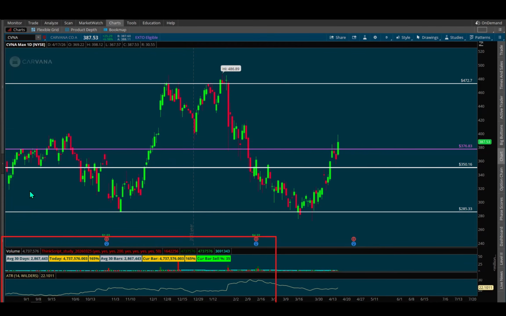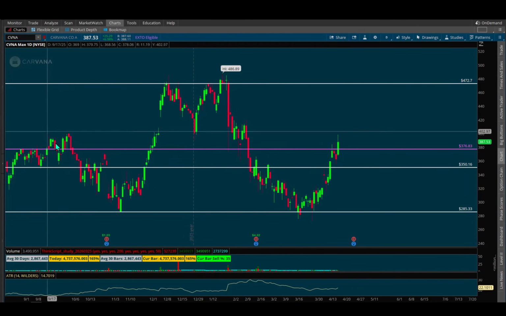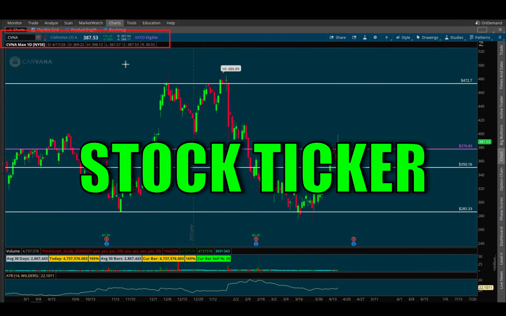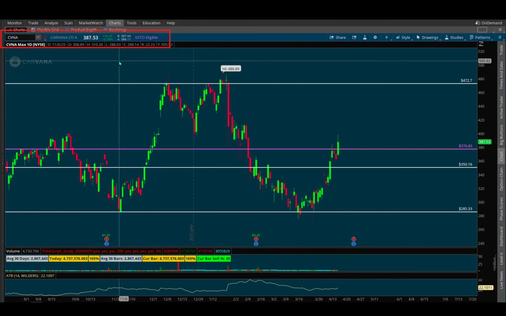Now, the first thing that you have to understand is in this box here, what you're viewing in the upper left-hand corner, this is going to be the publicly traded company stock. This is not options, futures, bonds, or anything like that. This is the underlying stock.